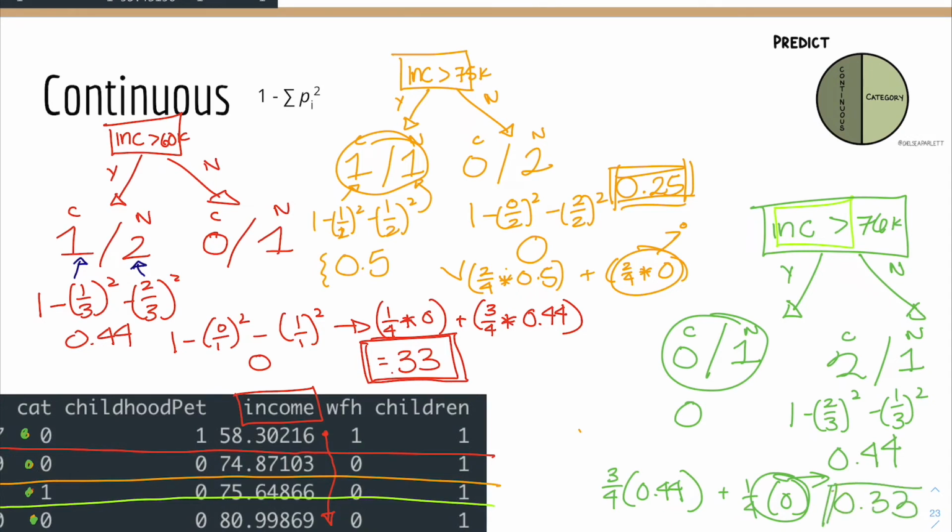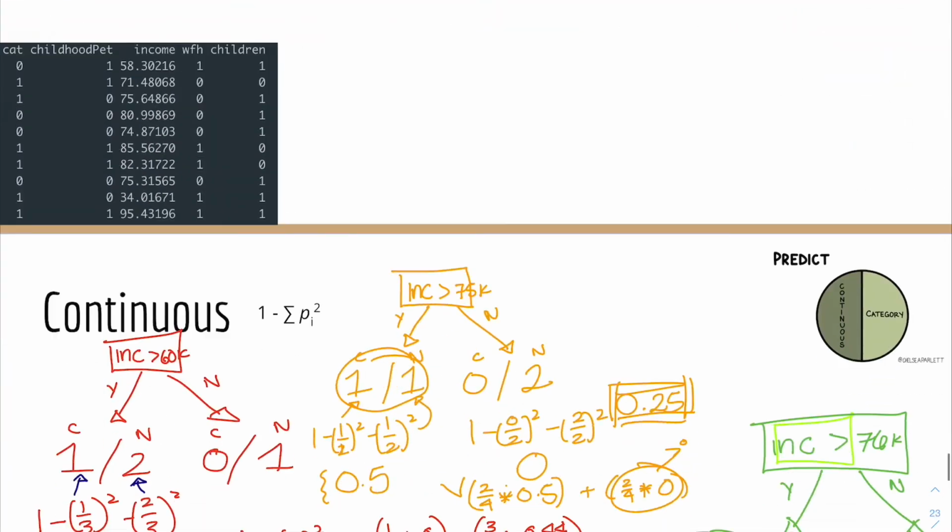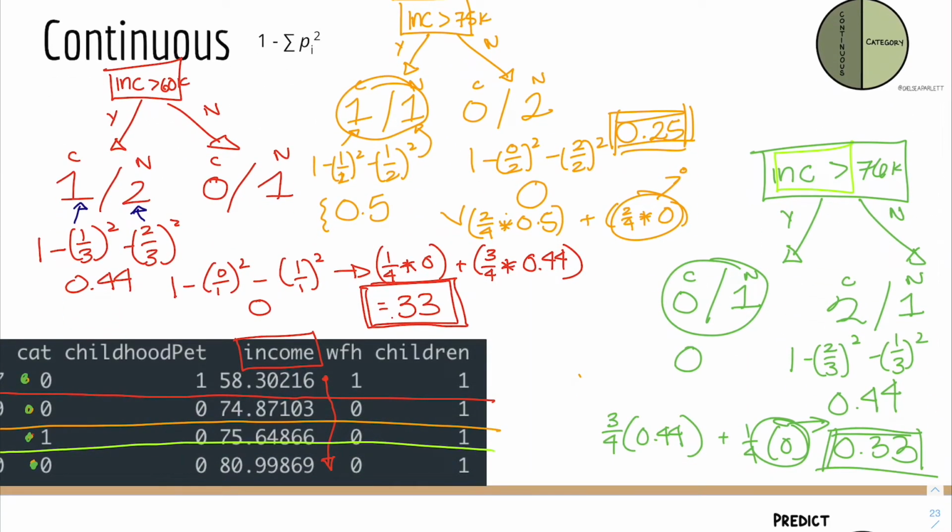So you can see that with a continuous variable, you still get these different Gini impurities, and your job is to choose the lowest one. So in this case, we would say we want to create our decision boundary here. Not there. We want to create our decision boundary, where did I put it? Here. Because 0.25 is the lowest impurity, so that means this orange line here is the cutoff that we would want to choose for that continuous variable.